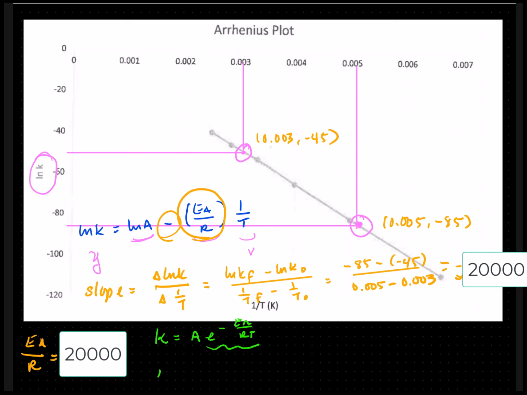So that means A is going to equal k, the rate constant, over e to the negative EA over RT. So how do I solve for the frequency factor? By choosing a temperature and k value. So that means depending on the k you choose and the rate constants, the frequency factor will change.